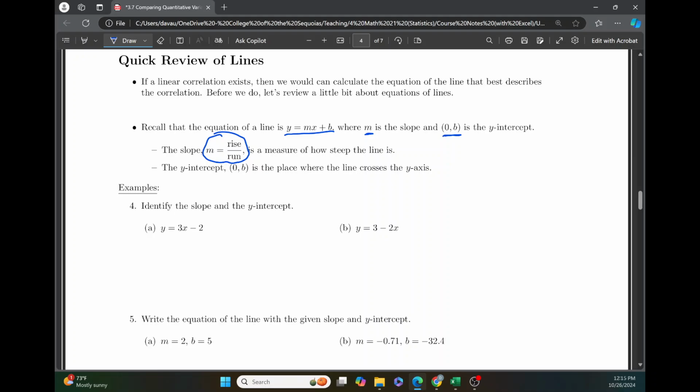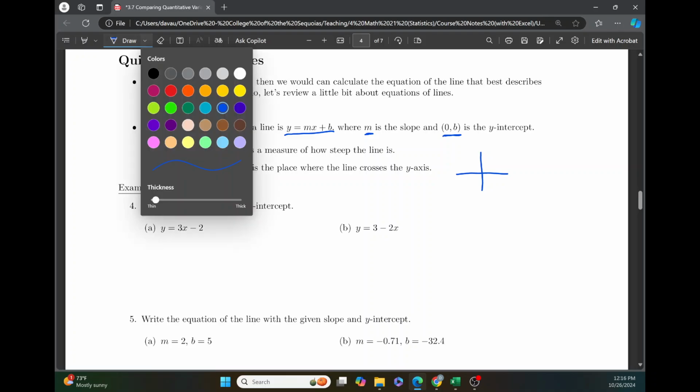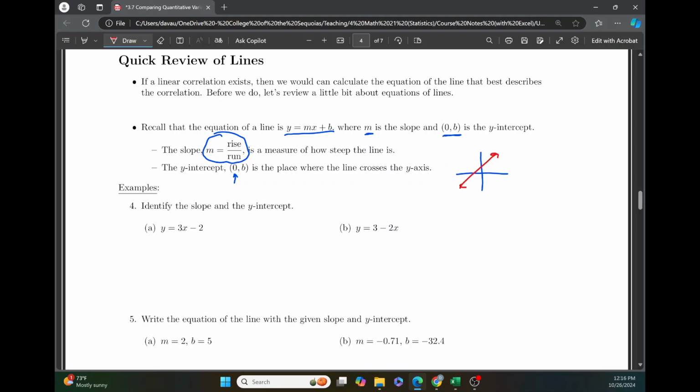And what I would point out to you is that the x-coordinate for your y-intercept is 0 because it's where your line crosses the y-axis. So if you've got a line, the place where it crosses the y-axis is the y-intercept. And of course, x would be 0 there.